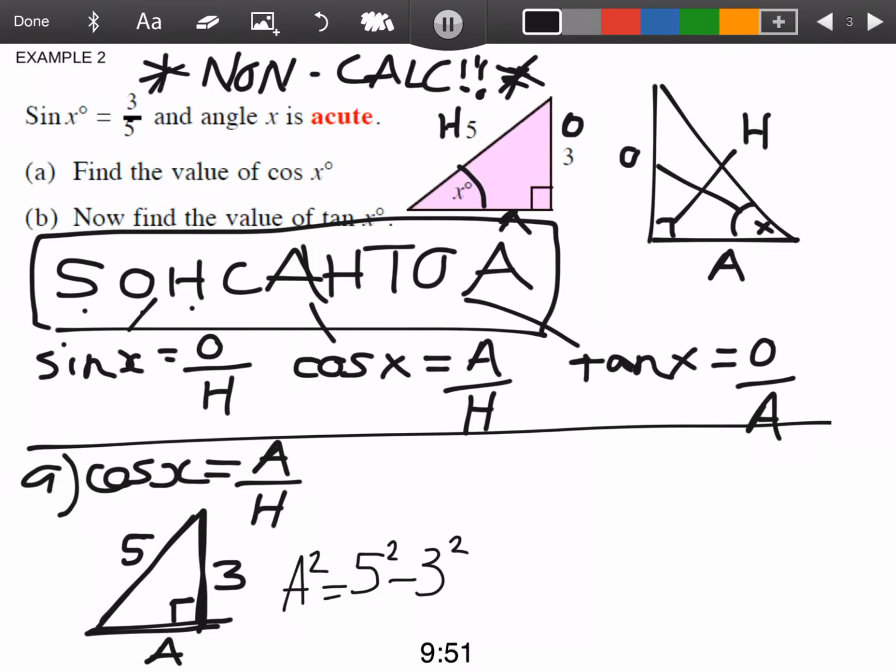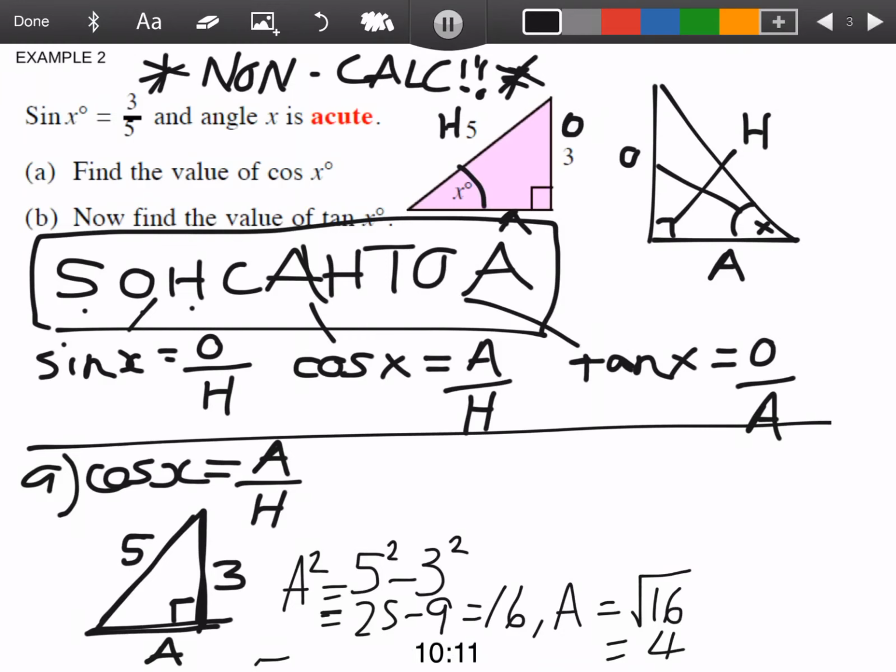The reason why we square and subtract is because A is one of the smaller sides. So it's 25 take away 9, which is 16. And this is where you probably realise, oh yeah, it's non-calculator. How do you find A then? Well, it's the square root of 16. A's 4. So in this triangle, that A value is actually 4. So what's cos x then? Well, it's adjacent over the hypotenuse. That's the answer, 4 over 5.